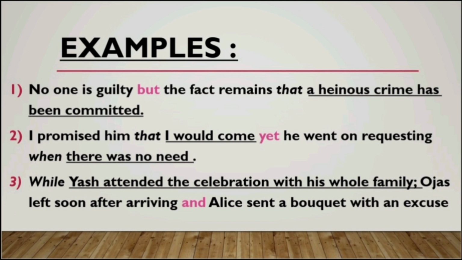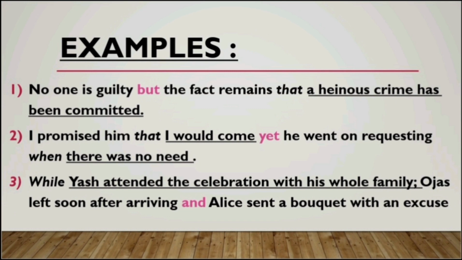He went on requesting is an independent clause. When is a subordinating conjunction, and there was no need is a dependent clause. So there are two independent clauses and two dependent clauses, and the subordinating conjunctions you have are that and when, and the coordinating conjunction is yet here. See the next example.